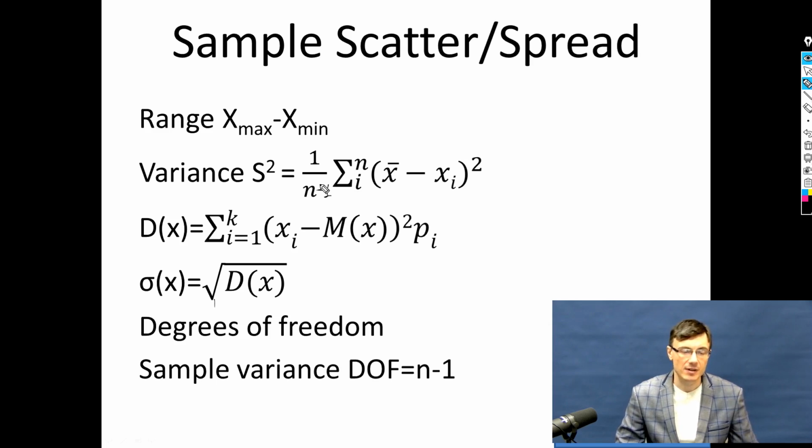It's the square root of dispersion or variance. And of course, next calculation will be with degrees of freedom, and sometimes go to the Student's ratio, and so on. For your sample variance, it will be your amount of numbers minus 1.